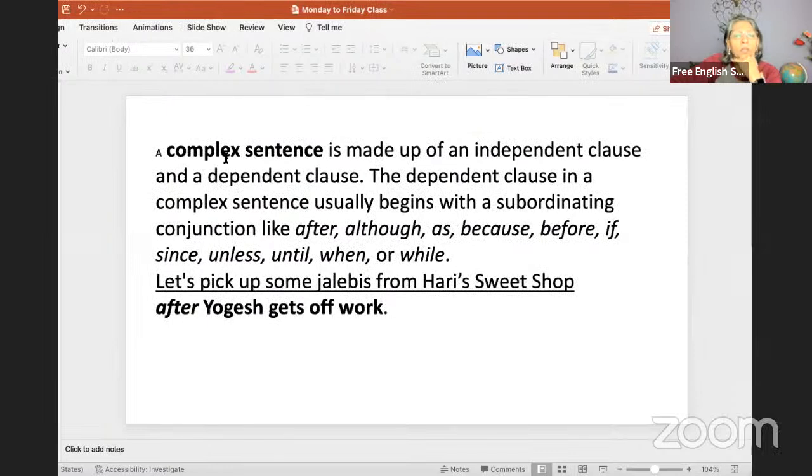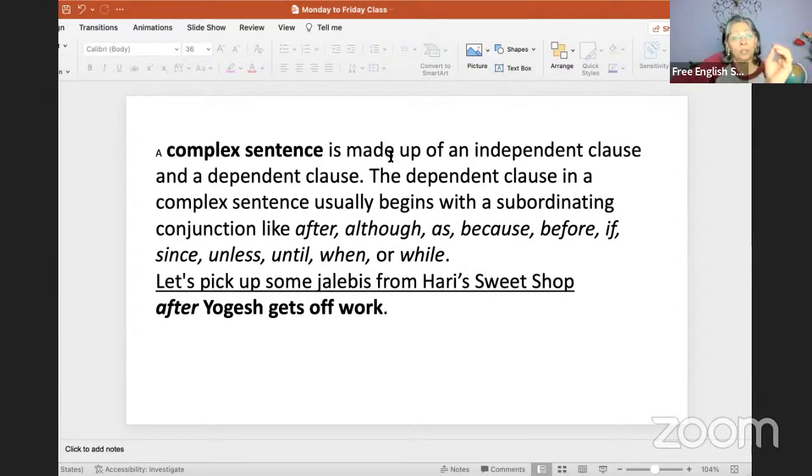So here we talk about a complex sentence. It's made up of an independent clause and a dependent clause. You know simple sentences, compound sentences, complex sentences, compound-complex sentences, right? We will be learning those too. Don't worry about that.